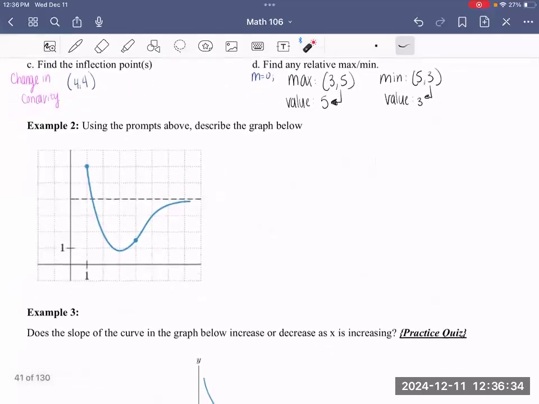Now, can you use the prompts from above, so A through D, and describe this particular graph?